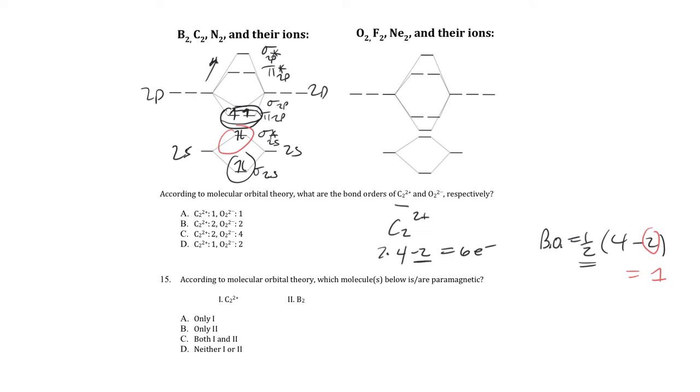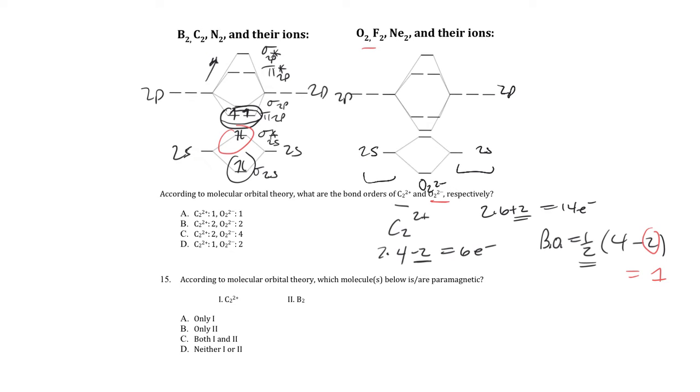O2 2-, adding electrons to O2, so we use O2's diagram over here. And so for O2, that's going to be 2 times 6, and then plus 2 for the 2- charge, that goes to 14 electrons. Same 2s, 2p orbitals here. I don't really need to worry about filling electrons into the atom side. I'm just really trying to put my O2 2- in the middle.